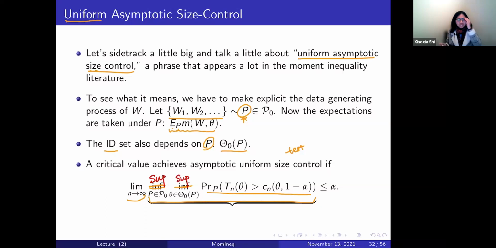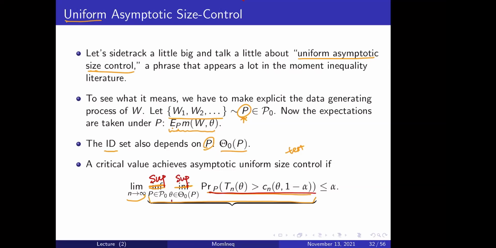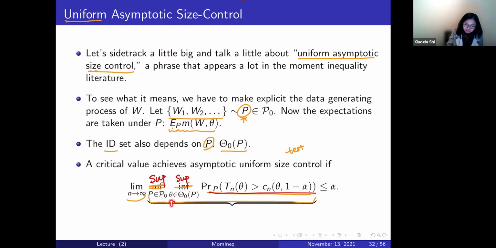So we measure the maximum rejection probability. Maximization is taken over every point in the identified set and also taken over all possible data generating processes satisfying model assumptions. And this supremum of rejection probability is by definition the size of the test.